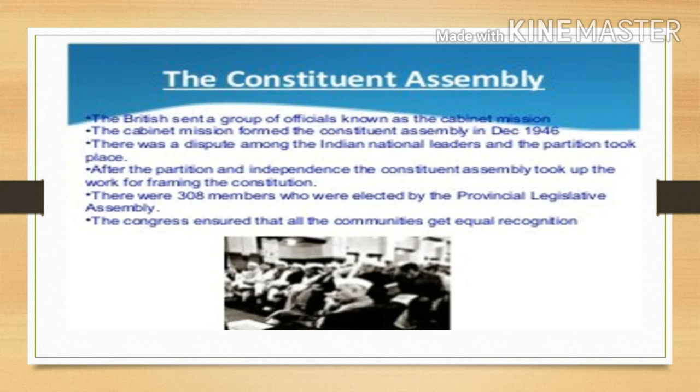There was a dispute again among the Indian national leaders and the partition took place. After the partition and independence, the Constituent Assembly took up the work of framing the Constitution. There were 308 members who were elected by the Provisional Legislative Assembly. The Congress ensured that all the communities get equal recognition.